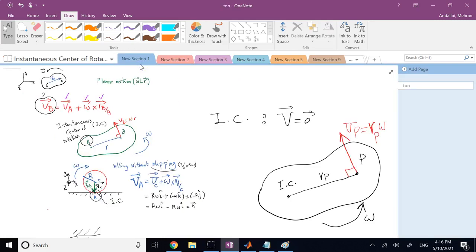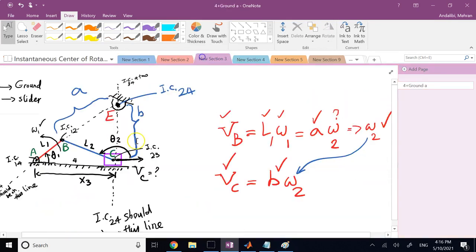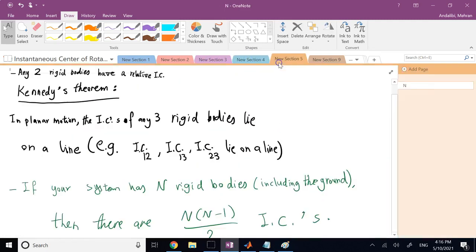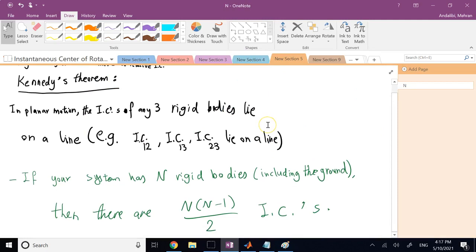So far I talked about the importance of instantaneous center of rotation and how to find it in a couple of different mechanisms, and Kennedy's theorem, and how many of them exist, how to find them, and so on.